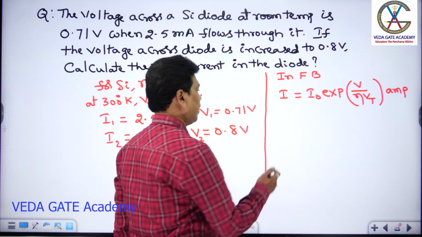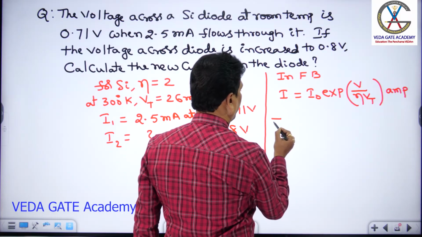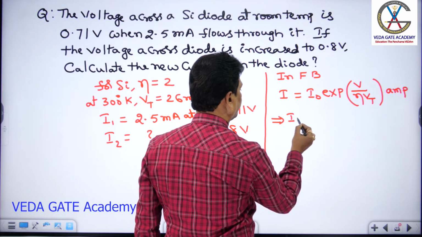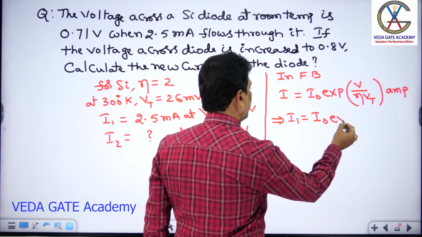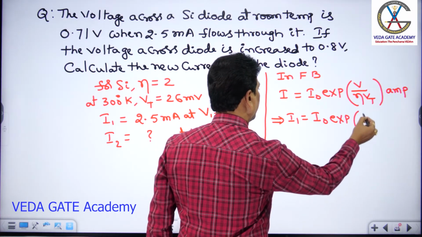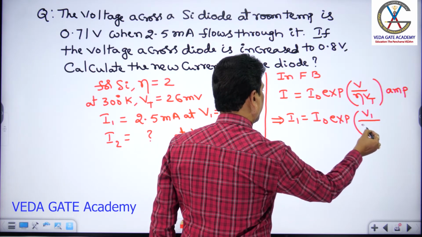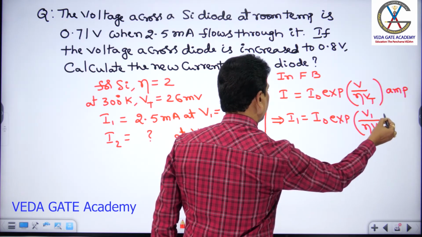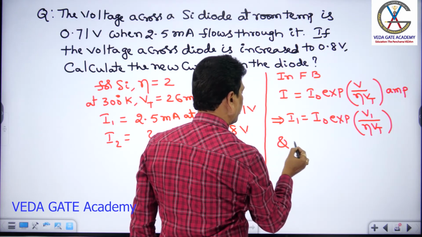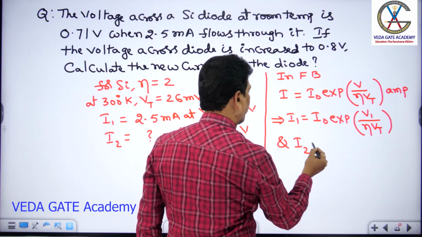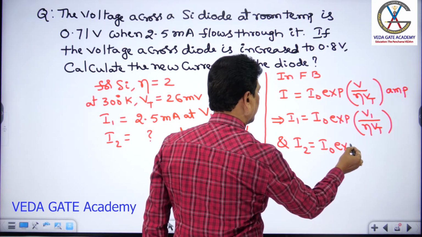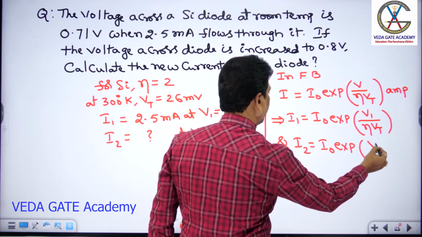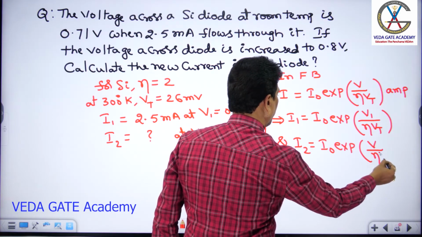Based on that, I1 equals I0 times exponential of V1 by eta Vt, and I2 equals I0 times exponential of V2 by eta Vt.